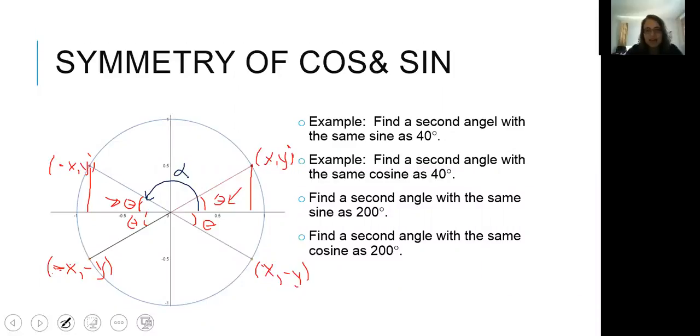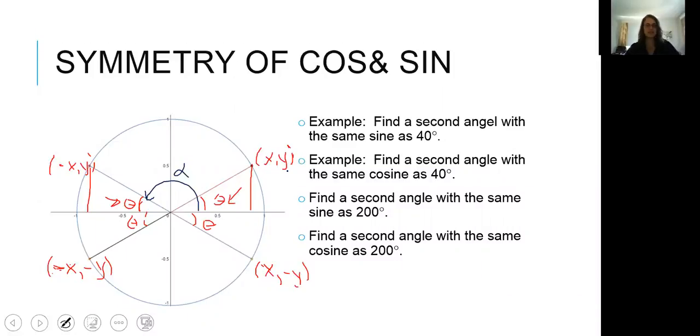Now I got from theta to alpha just by adding 90 degrees. Okay? So if you move around a circle by 90 degrees, your sine is unchanged, and your cosine will have the same absolute value but opposite sign. It'll be negative, right?